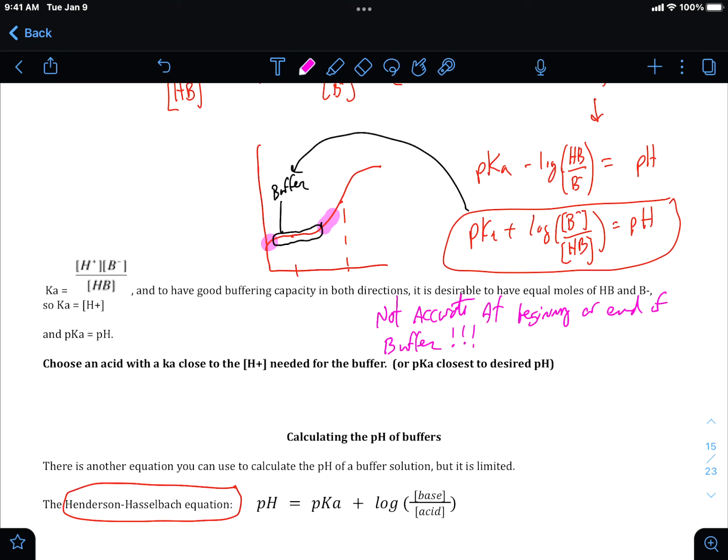Now, having said that, on the AP exam, whenever there has been a buffer problem, I will say in the past 10 years, I have not seen a situation where you can't use this. In the past 10 years, this has always worked. All right? But you need to be aware. I don't know if it would be really mean for them to start a buffer problem and then give you like 0.2 milliliters into a problem.